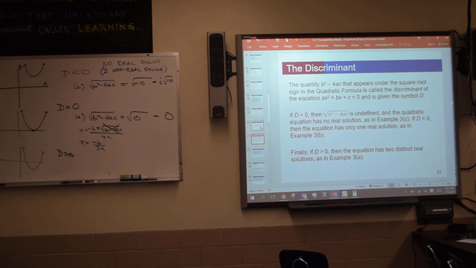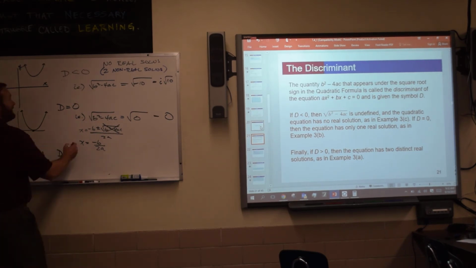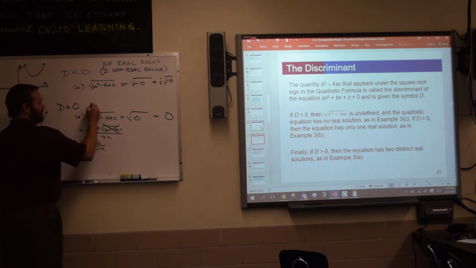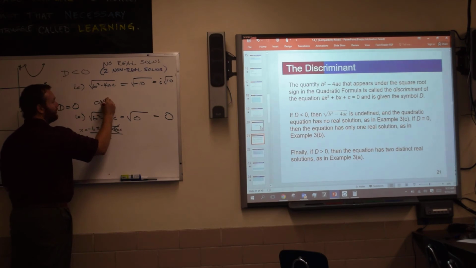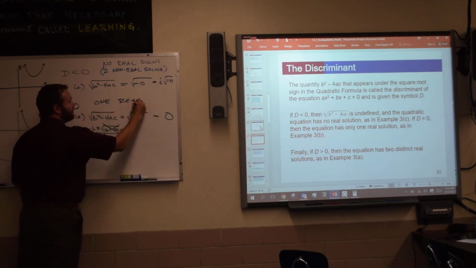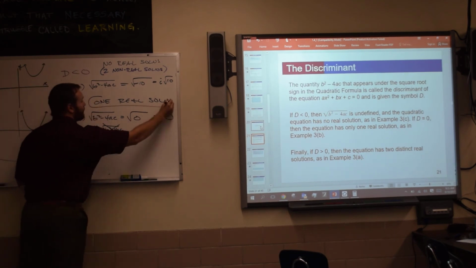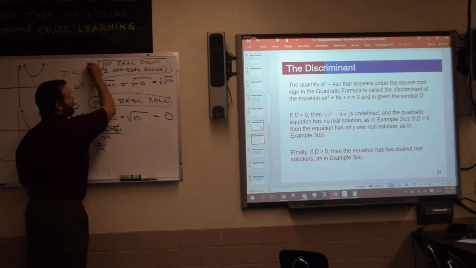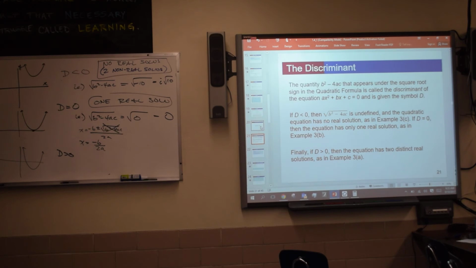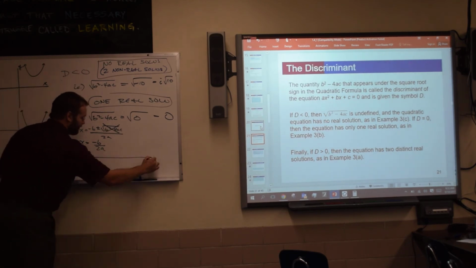It tells me I have 2 of those. But we can't graph it. If D is equal to 0, the discriminant is 0, that tells me I have 1 real solution. And if D is greater than 0, so we know what I have there?